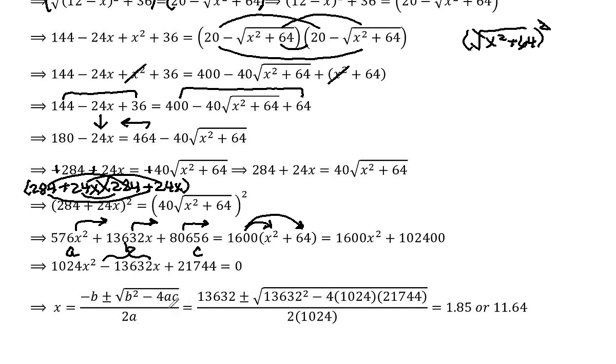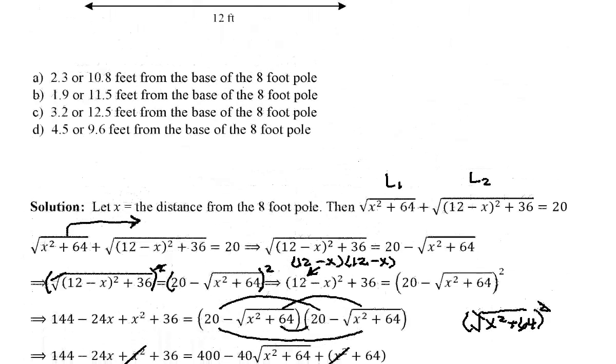So here's our quadratic formula. Here's negative b plus or minus, there's our b squared, minus 4 times a, which is 1024, times c, which is 21,744, over 2 times a. And if you simplify this on the calculator, you'll get either 1.85 or 11.64. So to one decimal place, that would be 1.9 or 11.6 for your x.